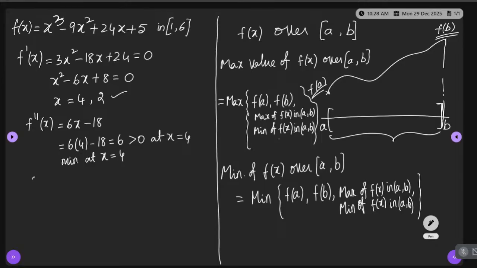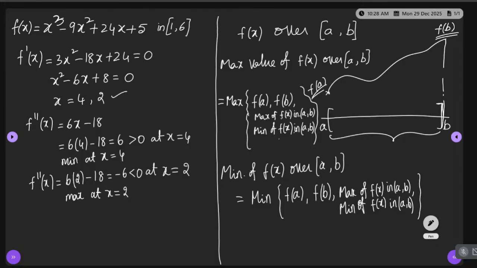And f double dash of x equals 6 into 2 minus 18, which is minus 6, less than 0 at x equals 2. So here you are getting maxima at x equals 2.